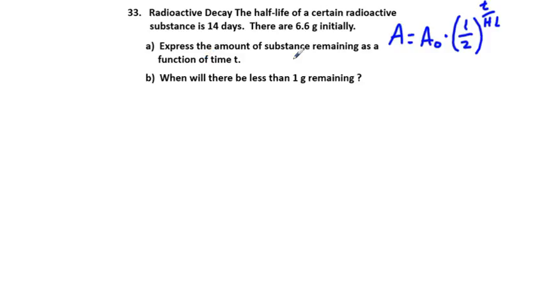So for this, to express the amount of substance as a function of time, we'll call it a sub t, is equal to, well, we have 6.6 grams initially, so a sub t equals 6.6 times 1/2 to the power of t over our half-life, and our half-life of the substance is 14 days, so it's t over 14.